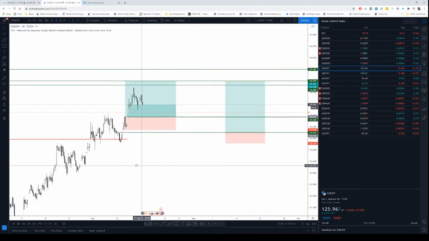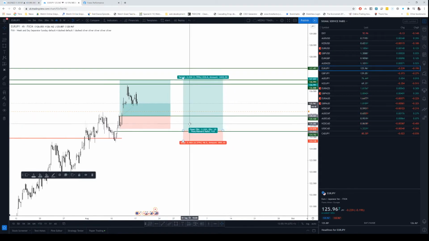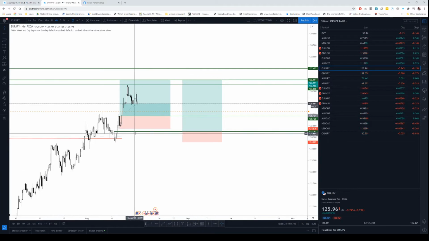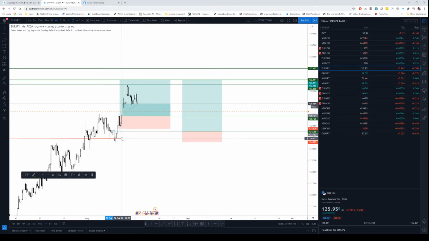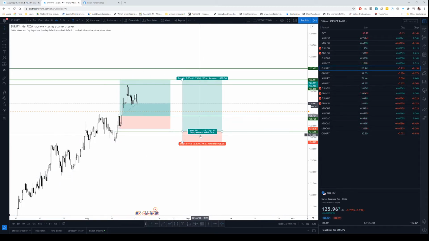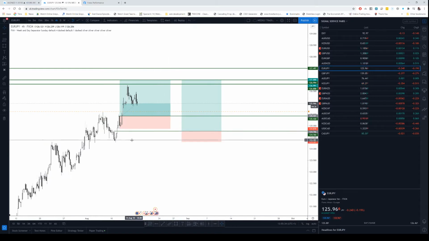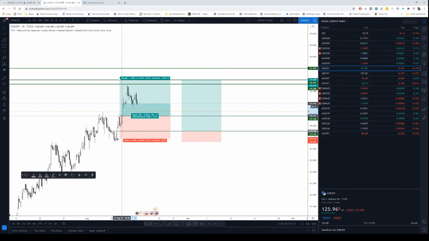Okay, so let me do this. Right, so these two price levels, if that one stops you out, then you use that one as your next trade, or you can combine both of them and say, I'm gonna do this, but it's not ideal, right?